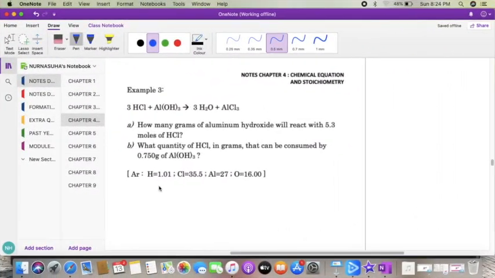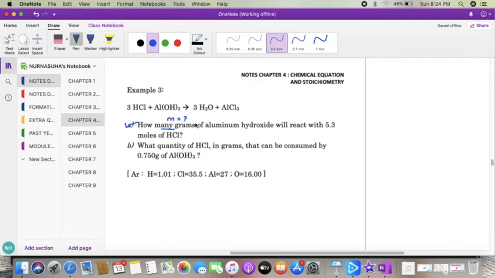Okay, baiklah. Let's have a look at the last example, example 3. So, there are two questions over here. Kita jawab yang pertama dulu. How many grams? So, how many grams means that the question is asking you for mass.